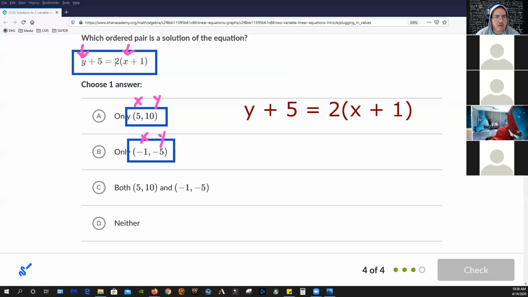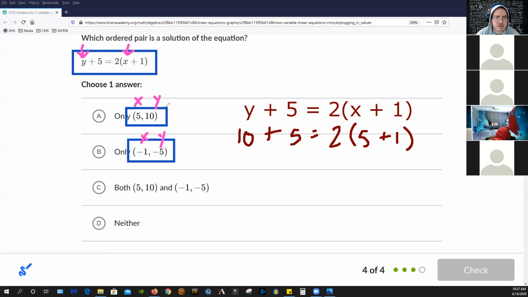Then I'm going to have to rewrite that using the x and y that were given to me. So that means that would be 10 plus 5 equals 2 parentheses. The x value is 5, so that'll be 5 plus 1.